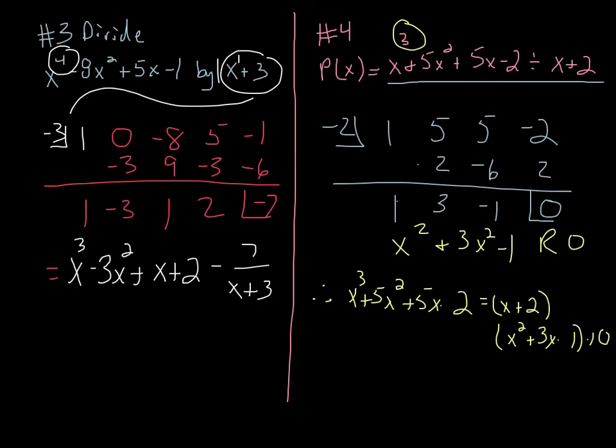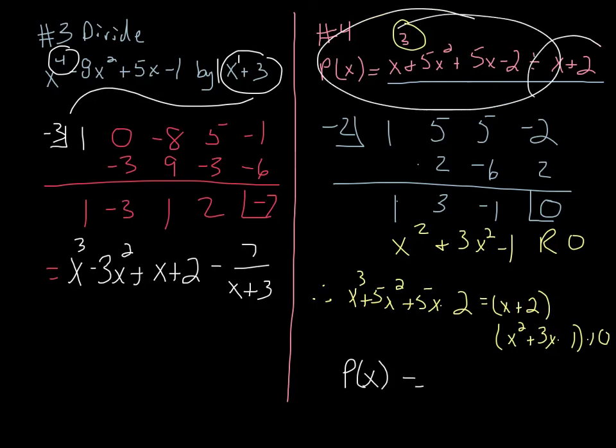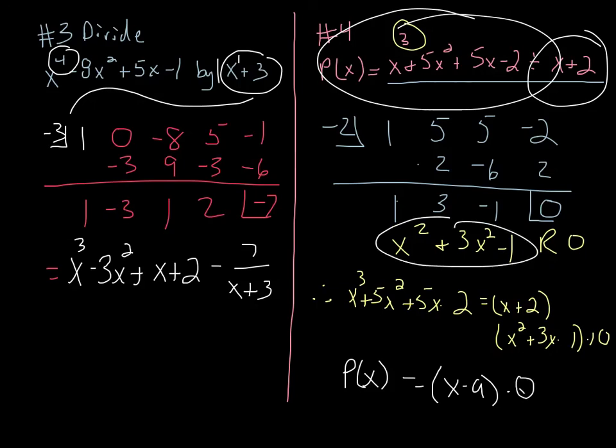Let me write that out for you. That means our original function, p of x, is equal to what we divided by, x plus 2, or x minus a, times the quotient, the answer, which is q of x, plus the remainder, which is 0, right there.